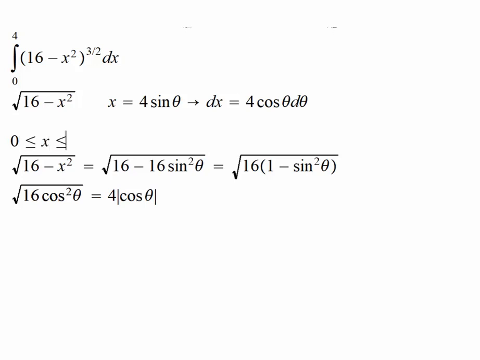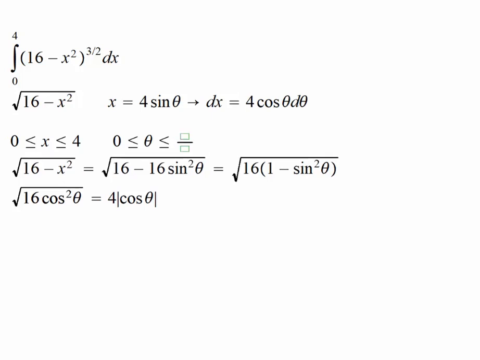When x is 0, sine theta is 0, so theta would be 0. When x equals 4, theta will become pi over 2. Since in the first quadrant the cosine is positive, and that's where we are looking at everything, we can simply write this as 4 cosine theta.